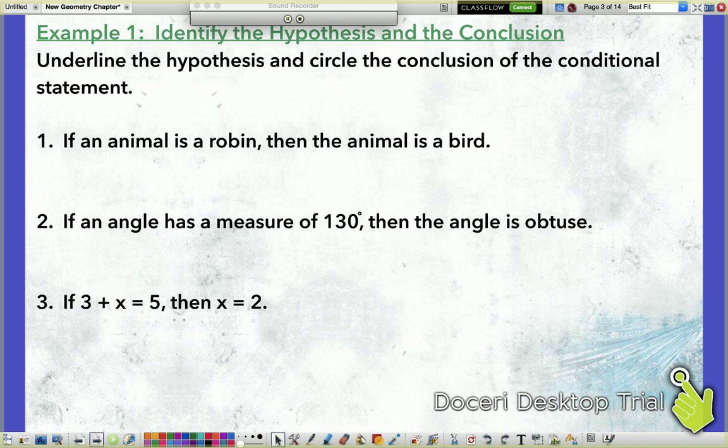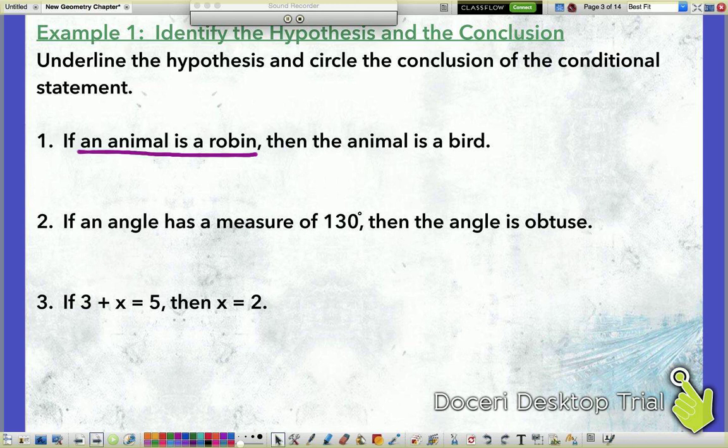And you're going to wonder, okay, how did English come into math? Okay, and it's because when we do proofs, we use deductive reasoning and logic to do them. Okay, so the hypothesis is what follows the if. So in this case, an animal is a robin is the hypothesis.